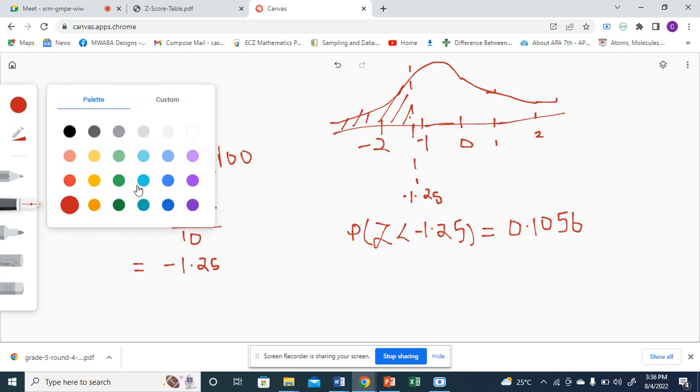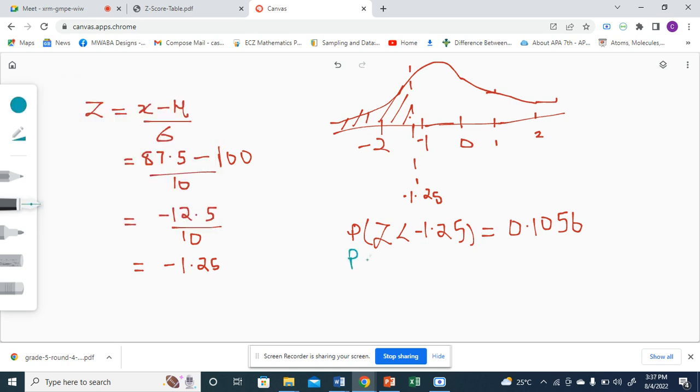In the same manner, you can say that the probability that x is less than 87.5 is 0.1056. And that is your answer.